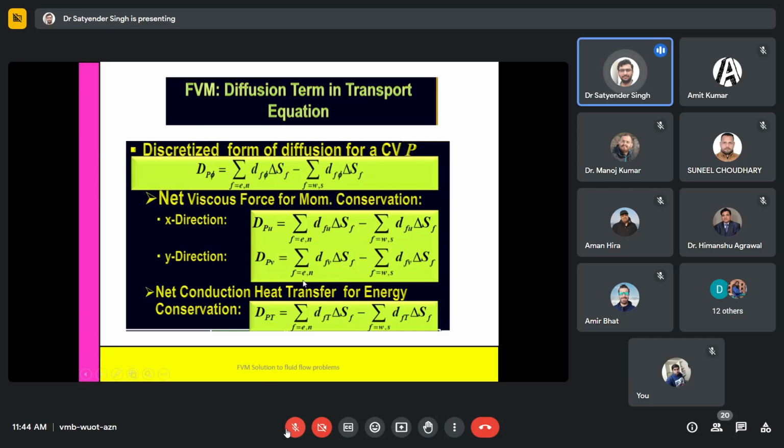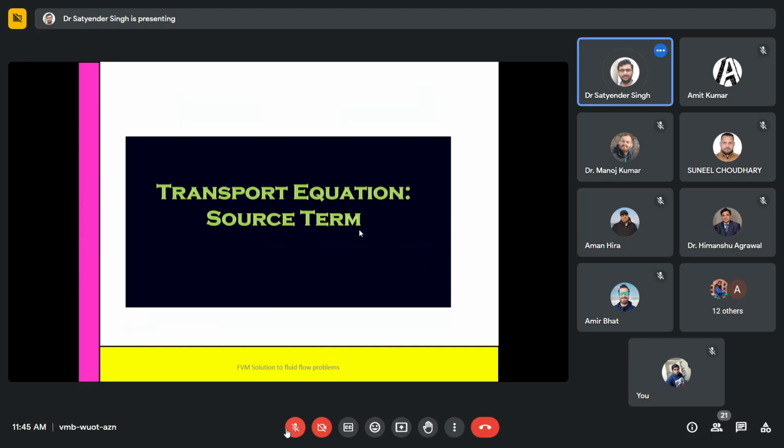So now this is overall what we did with the diffusion term. Again, we will make a balance for a control volume, and the fluxes which are leaving and entering will be balanced. In the second level approximation, fluxes will be replaced with the subsidiary laws, and they will be applied for finite locations, and we are able to linearize them in the form of variables.